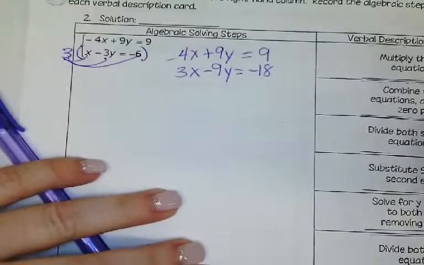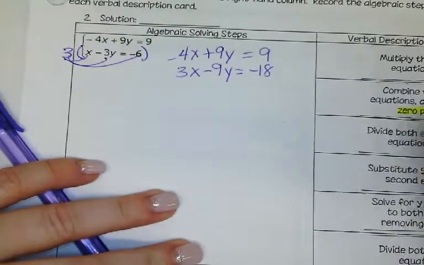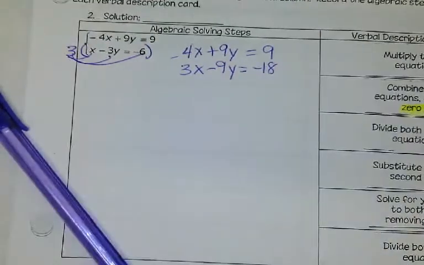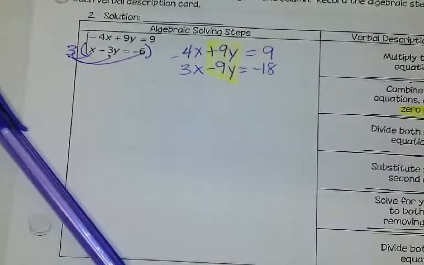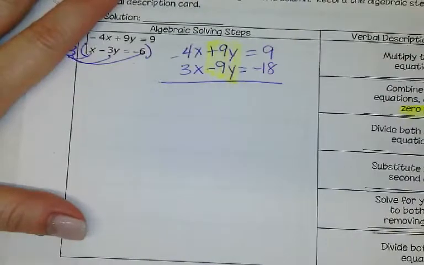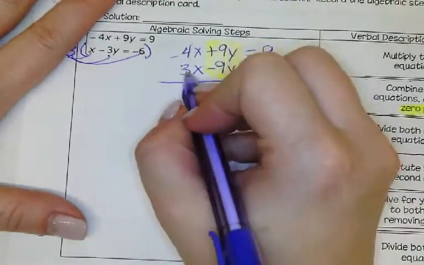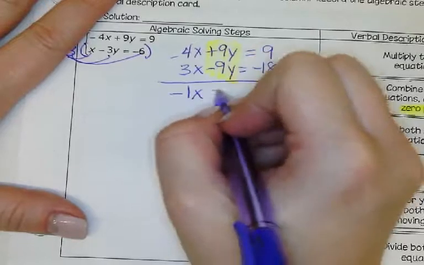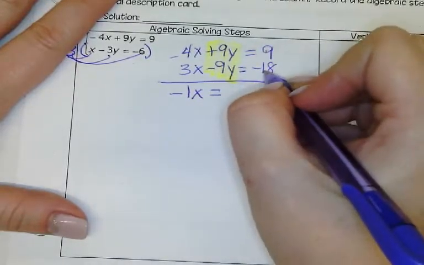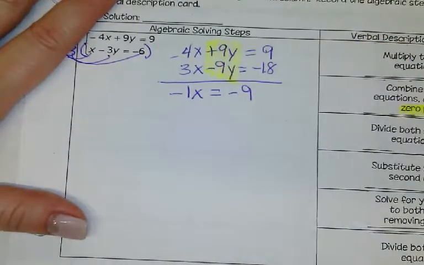You have to remove the 0 pairs. That's how you combine them. Right here, I have a 0 pair. So now I have -4 and 3, which is -1x, 9 and -18, which is -9.